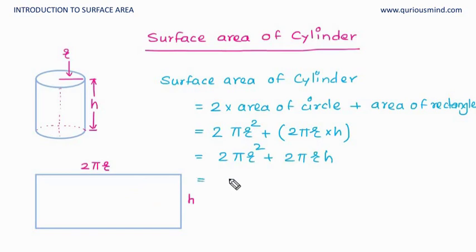So if we take that out, in bracket from here remains R plus from this term remains H. So 2 pi R in bracket R plus H is the surface area of a cylinder which has both top and base.